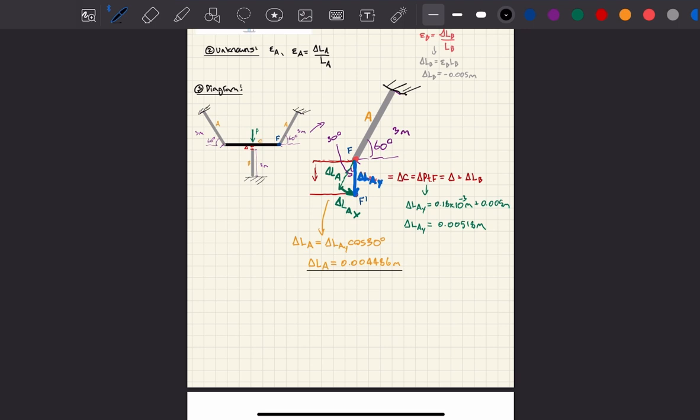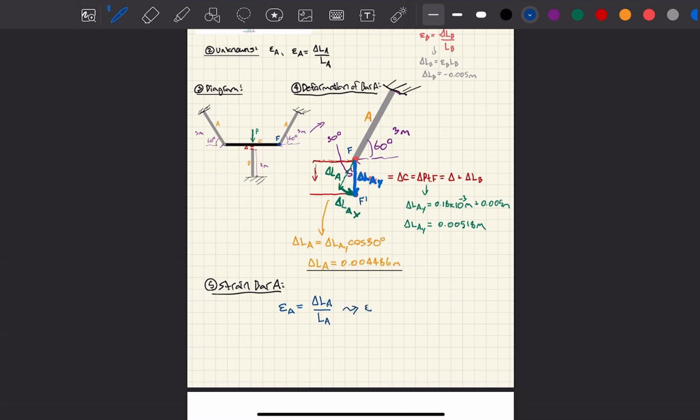To make it easier to digest, we should have called this 4, deformation of bar A. And now, finally, down here, we can say 5, strain of bar A, or axial strain of bar A. Using the equation, the axial strain is equal to the change in length of bar A divided by the original length.